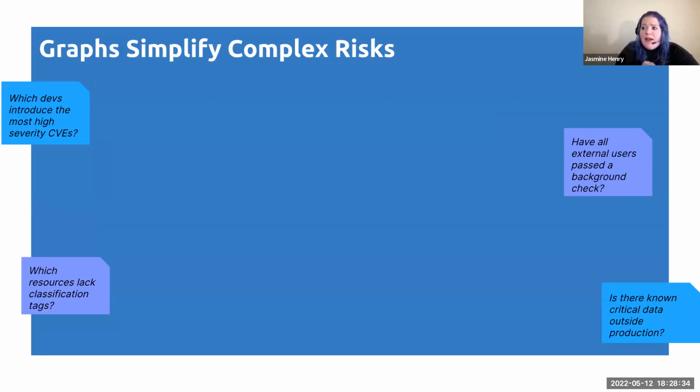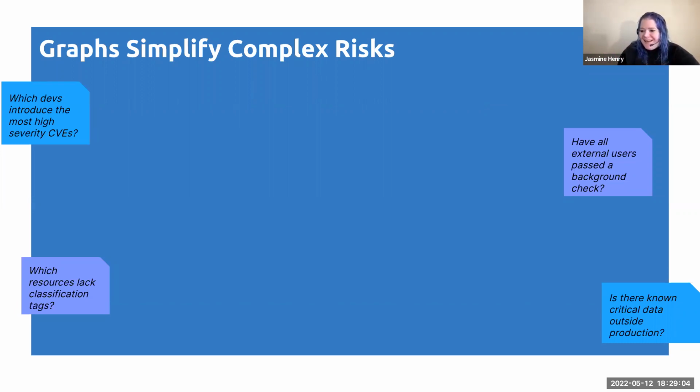So graphs can simplify these complex risks. Here's a few examples of complex risks that are ideal for the knowledge graph model. Which developers introduce the most high severity CVEs and therefore may need a little bit of additional training, especially if their CVEs tend to fit a certain OWASP top 10 pattern of the same errors?